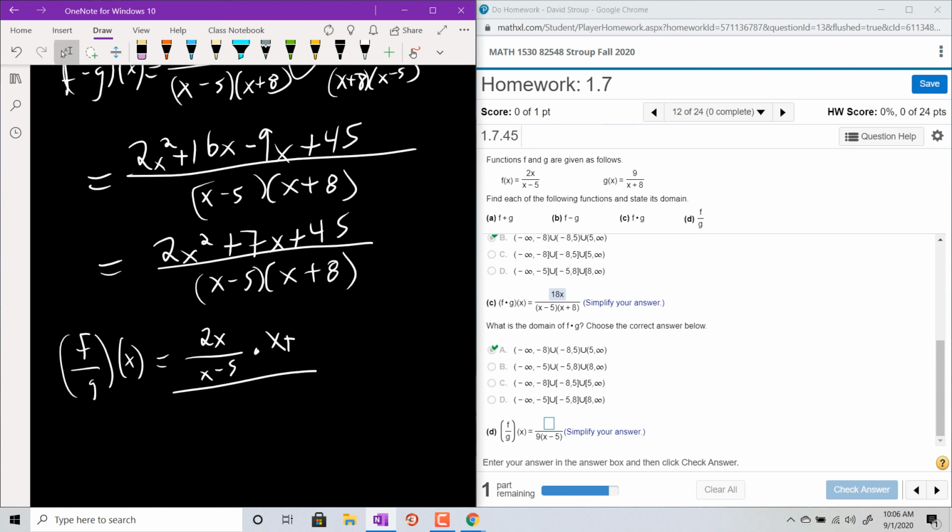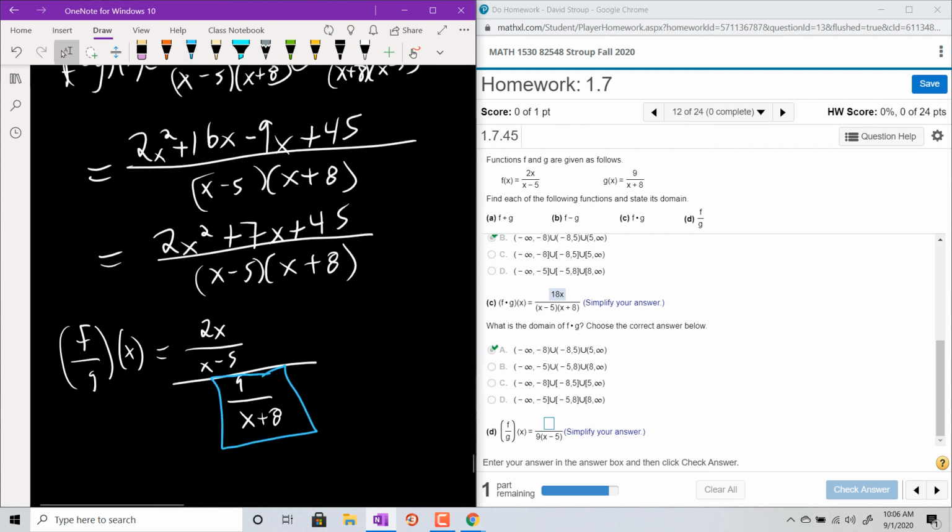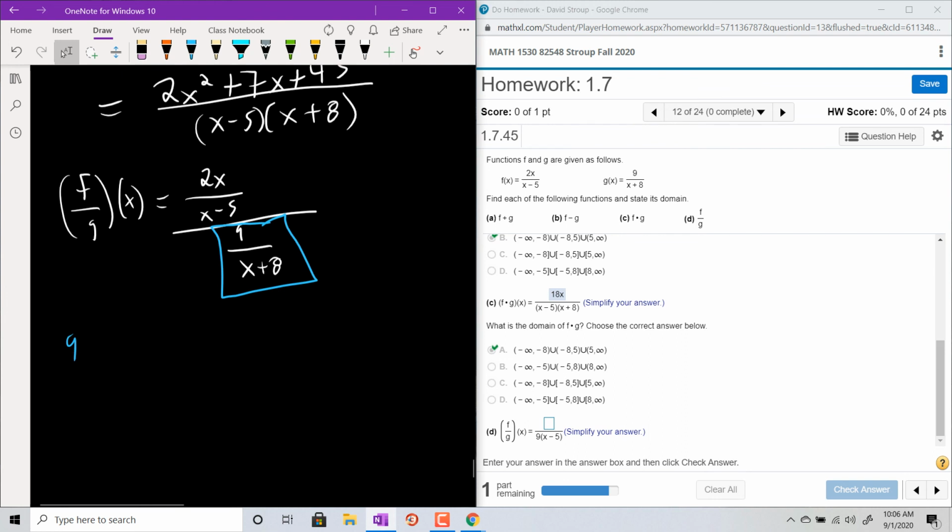Maybe I should write it in all of its glory. Because for the domain, we need to also find where that part is equal to 0. So if you take that and set it equal to 0, it never will equal 0, right?